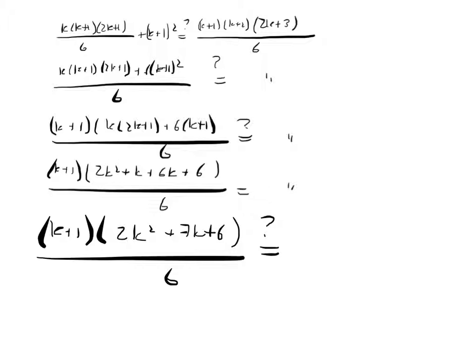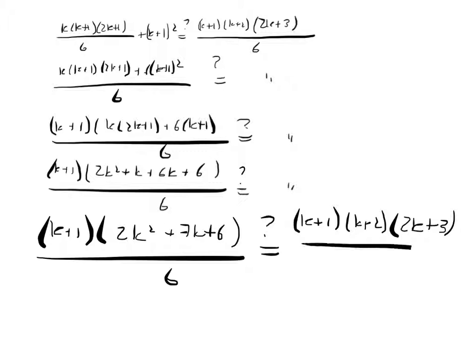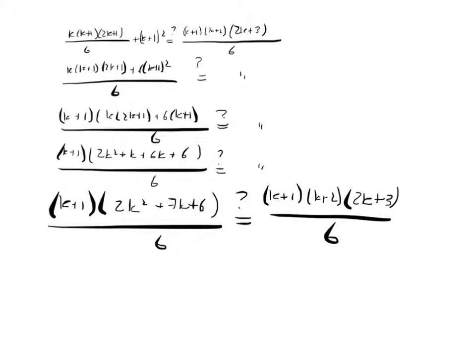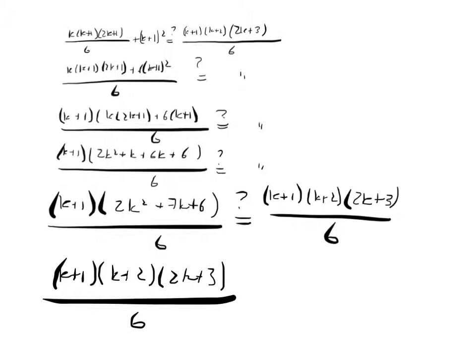Does that indeed equal k plus 1, k plus 2, 2k plus 3 over 6? And it does, because this expression here factors to exactly what I need. I kind of knew it had to if I've done my arithmetic and algebra right. K plus 1 times k plus 2 times 2k plus 3, all over 6.